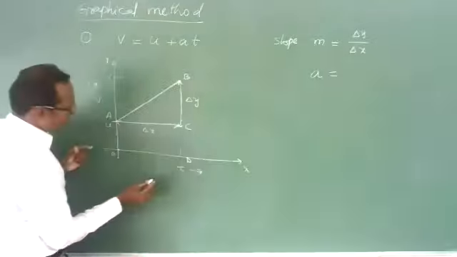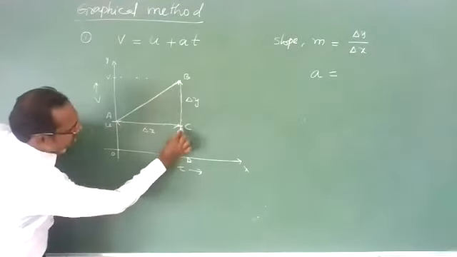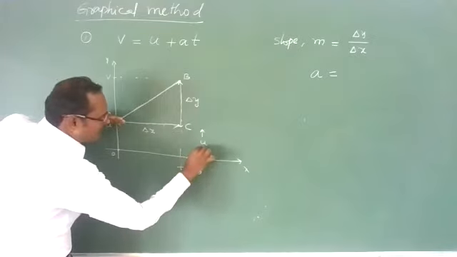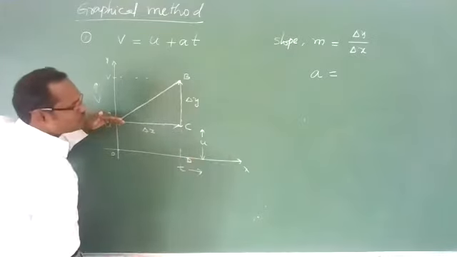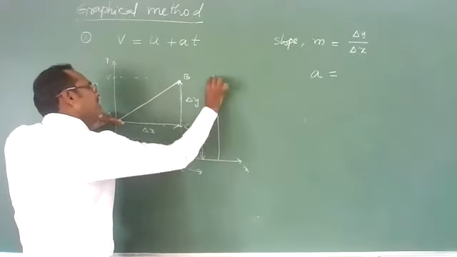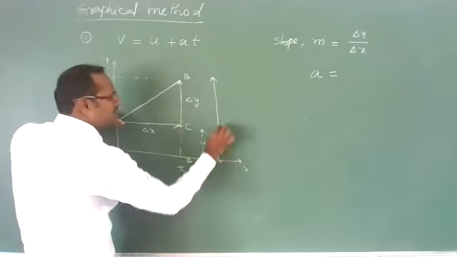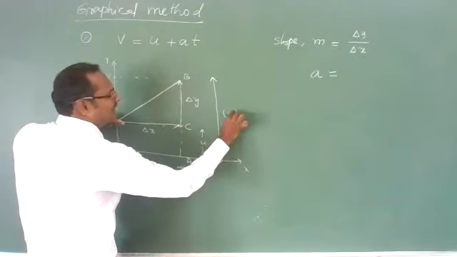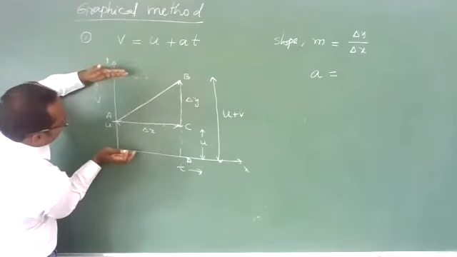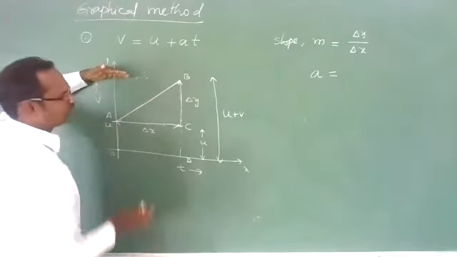On the y-axis, from here to here, OA is u, and BD is the total, u plus v... this is u and this is v.